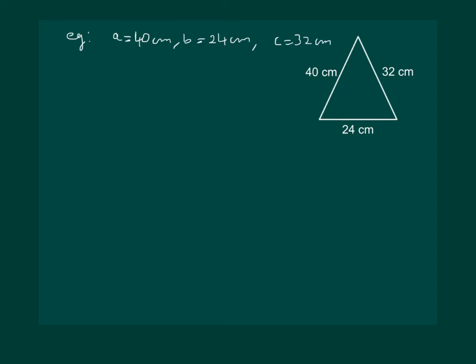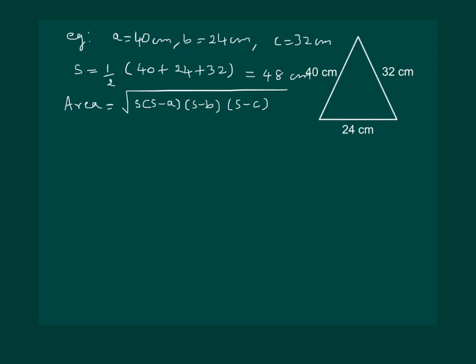Let us first calculate s, that is the semi-perimeter, which is half of the perimeter, that is 40 plus 24 plus 32. This comes out to be 48 centimeters.